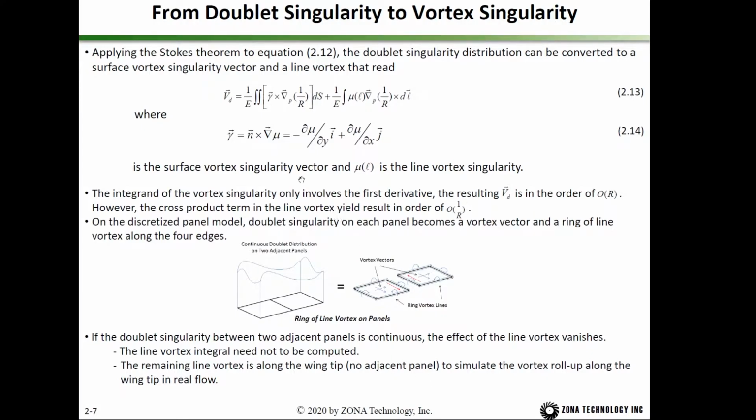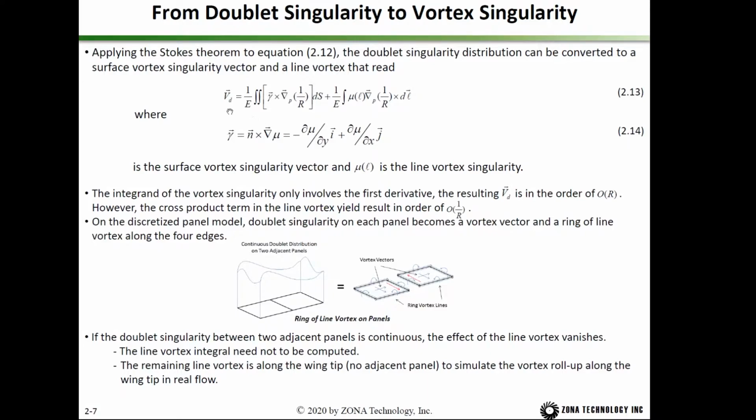And then we can convert the doublet singularity to vortex singularity by using the Stokes theorem. And based on the Stokes theorem, a doublet distribution is equal to a vortex singularity vector plus a ring of vortex.